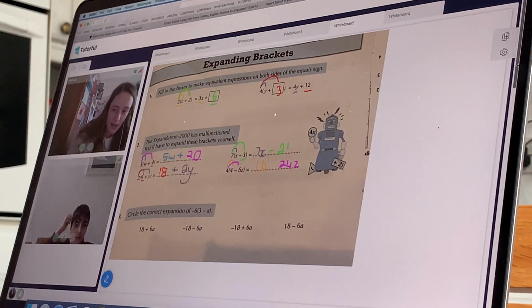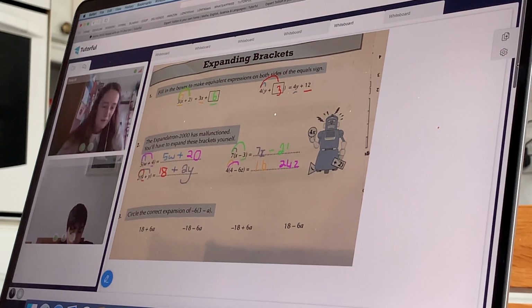Not quite. So we do this first thing, the 4 times minus 6z. So it's minus 6z. Minus 24z. Oh, yeah, oh, brilliant. Yes. Minus 24z. Does that make sense?